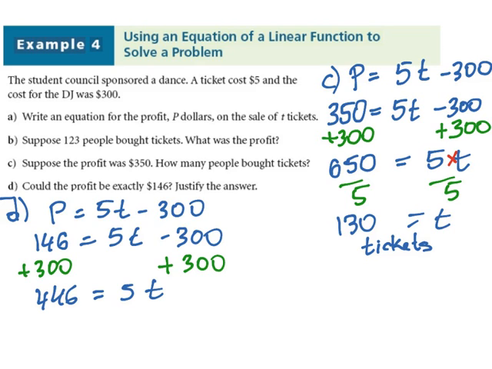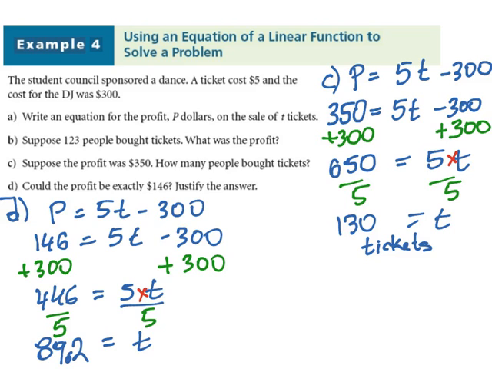And then again, we divide both sides by 5. And we get the ticket value, or number of tickets, to be 89.2 tickets. But how can you sell 0.2 of a ticket? You either sell 1, 2, but you can't sell a fraction of a ticket.